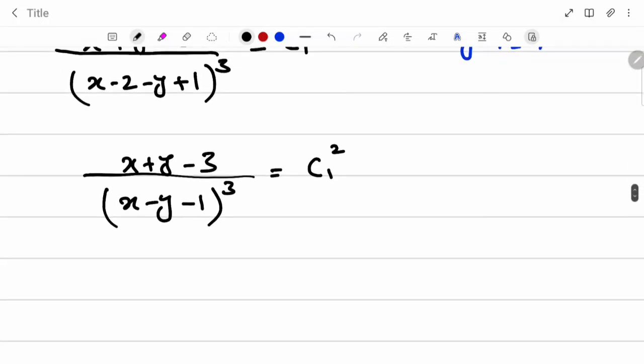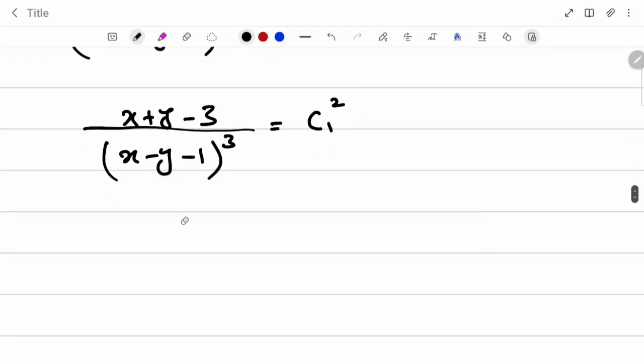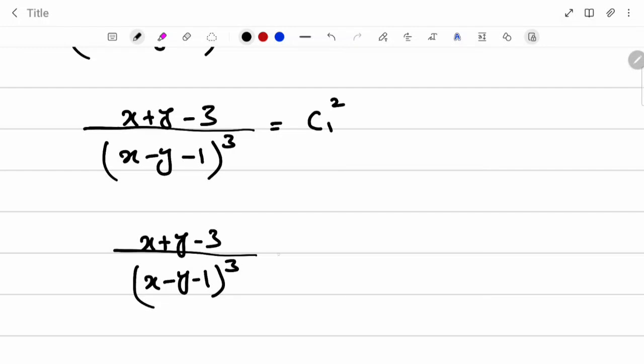There we just make a slight flip of this equation, where we replace this by a standard c. So we have x plus y minus 3 upon x minus y minus 1 cubed equals c. So here c equals c1 square.